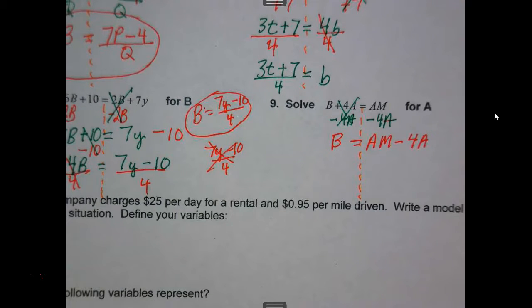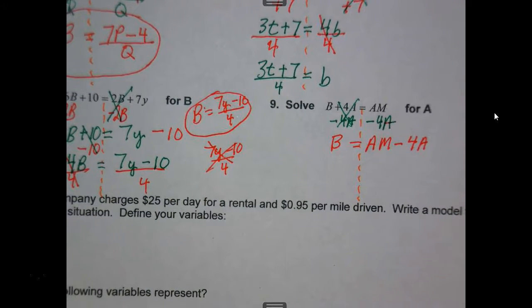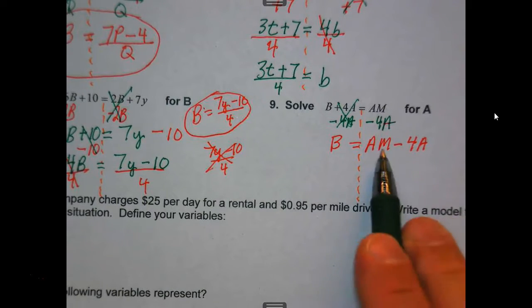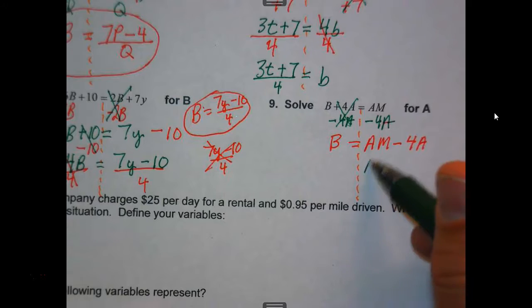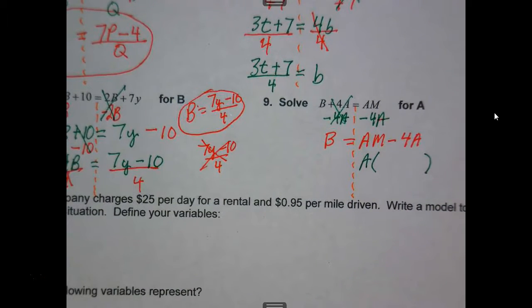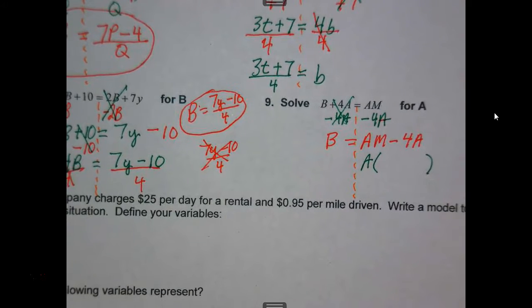It's a division problem. Divide by A, but how am I going to divide both of these by A at the same time? Use the undistribute property.